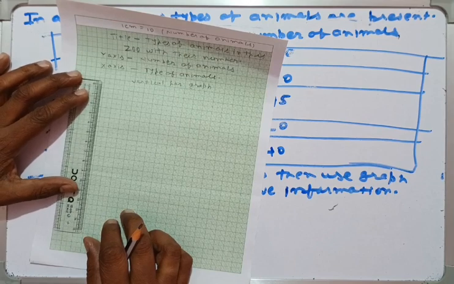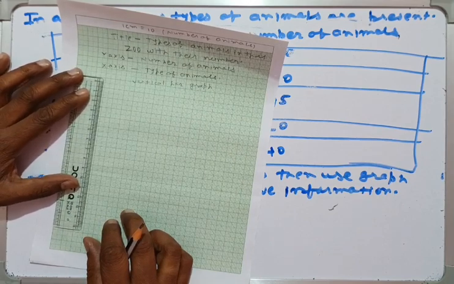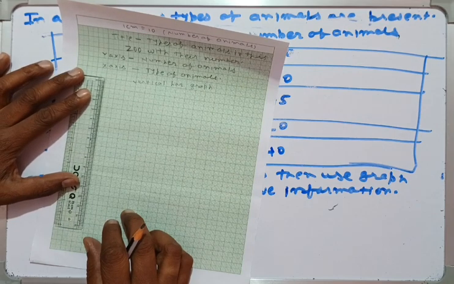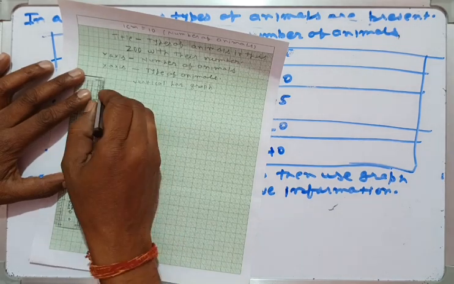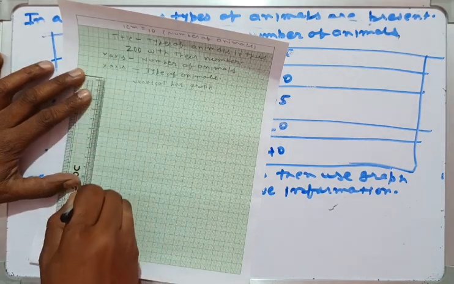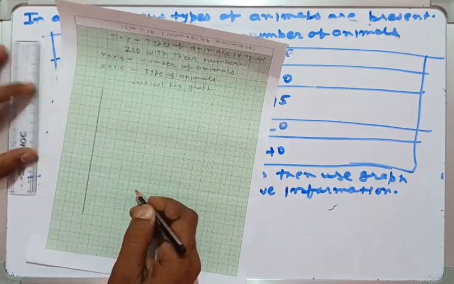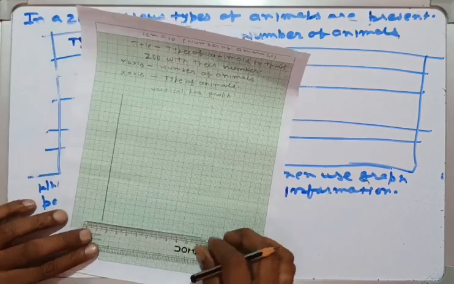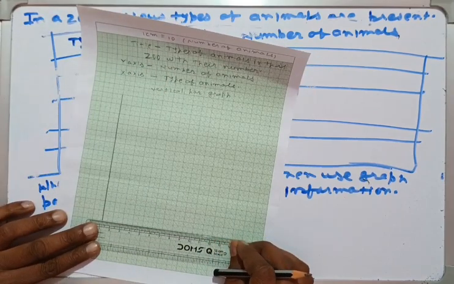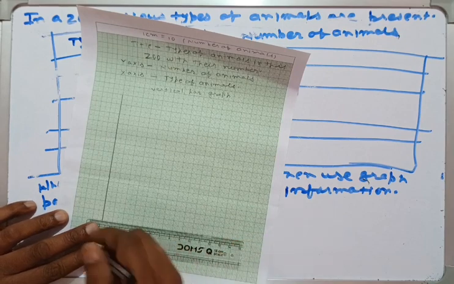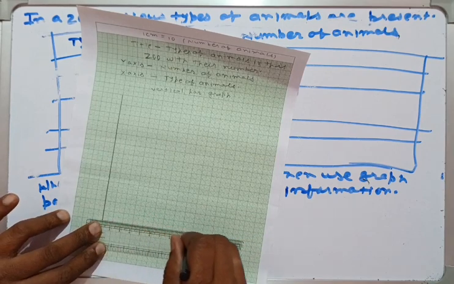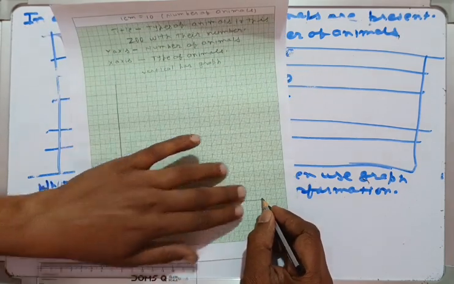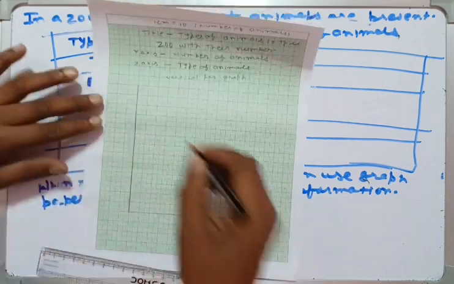So guys, first draw one vertical line, taking a deep line. See here how I am drawing. This one is the y-axis, and this one is the x-axis, or you can say a horizontal line parallel to the x-axis. Now we put arrow marks here and here.